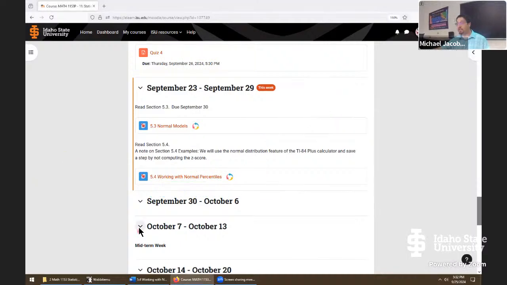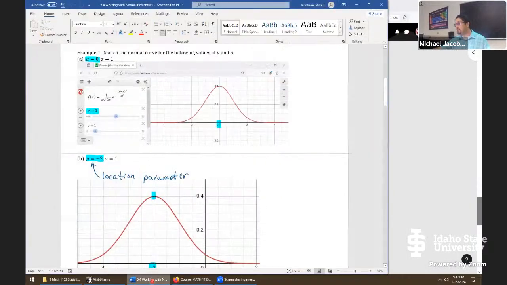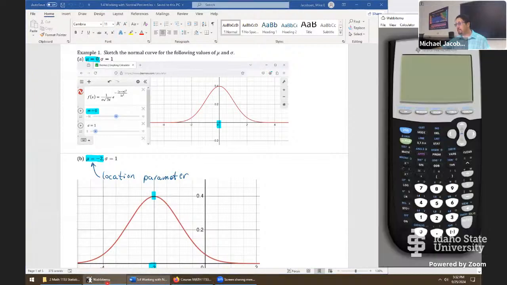Okay, let's see where we left off in section 5.4. Our goal was to see what role the parameters mu and sigma, the mean and the standard deviation, have on the location and the shape of the distribution. What we majorly observed is that no matter what happens to these parameters, the shape of the curve is always the same, provided you use the right viewing window.